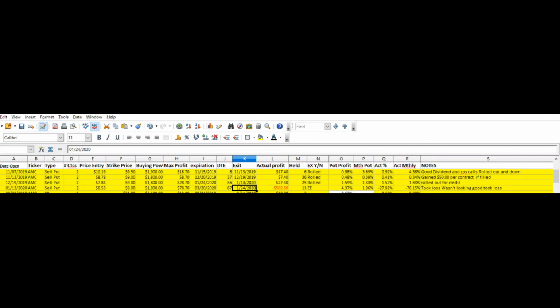So sometimes, for me, it's just admit your mistake, take the loss, and reallocate that money in a better way. And this wasn't a lot of money, obviously, but looking back, I think I did the right thing. Now, a year from now, AMC may be trading back up at $10, $12.